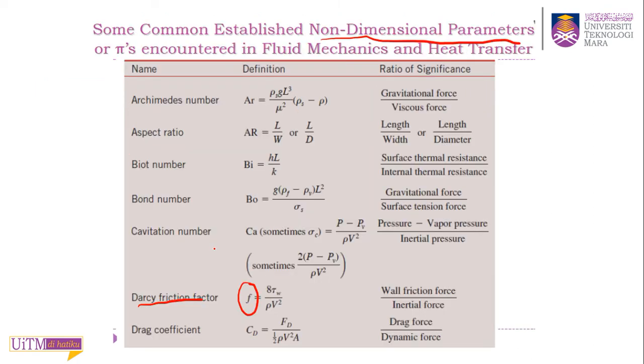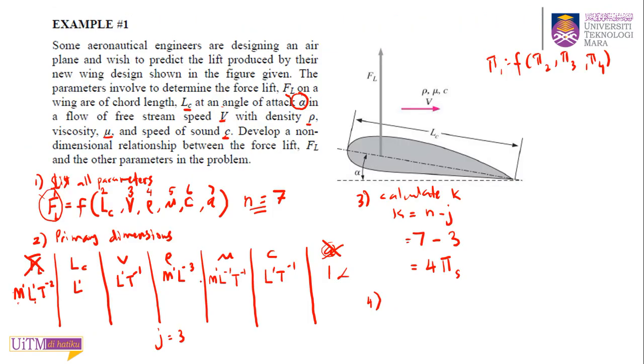Don't pick the same dimension. For example, V and C are the same. V and C have the same dimension, L1 T minus 1. So we cannot choose both of them. We can only choose one, either V or C. So we can cancel out one. For my example I cancel out C because it has the same dimension as V.